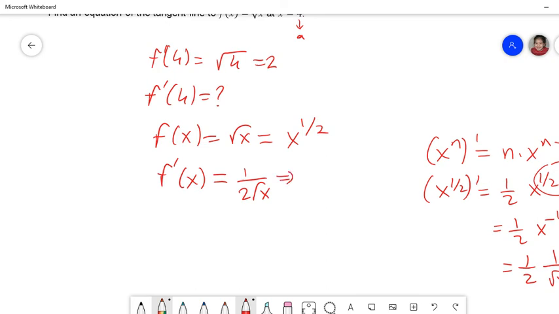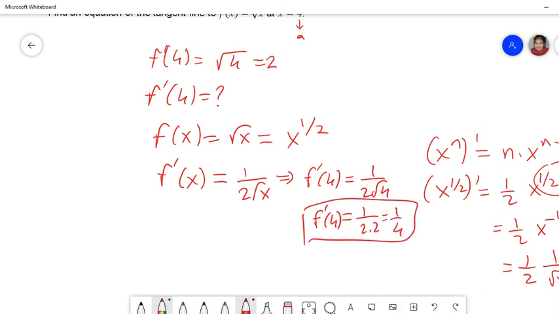Now f prime of 4 is equal to 1 over 2 times square root of 4, which is 1 over 2 times 2, which is 1 over 4.